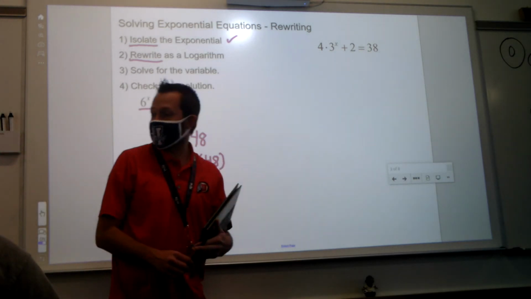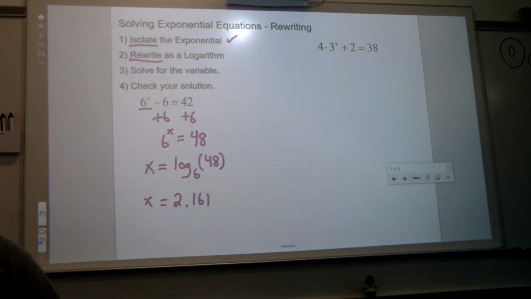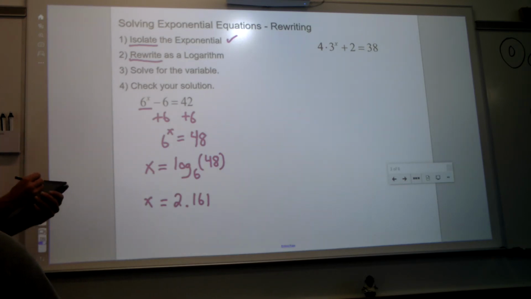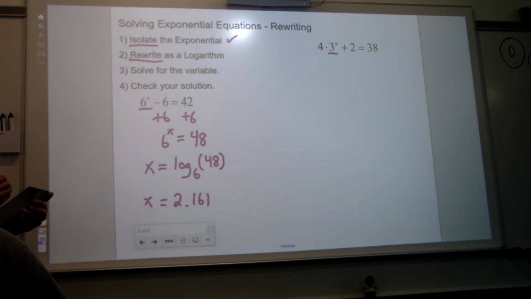Okay, let's get some help from you guys on this one. Okay, so let's go to Maddie. Maddie, what is the exponential on the second example here? 3 raised to the x. Good. Is it alone? It's not. How would you get it alone? So that'd give me 4 times 3 to the x equals 36.